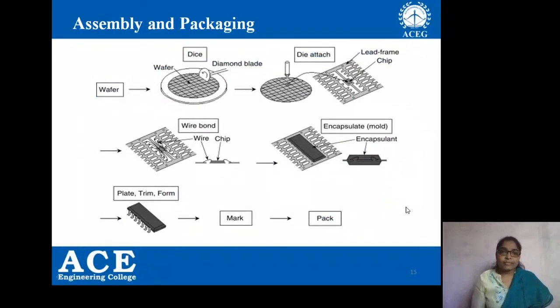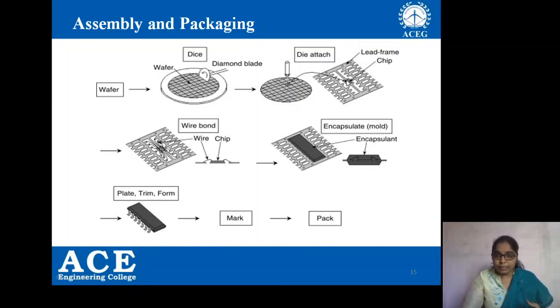Next, coming to the assembly and packaging stage. In this, all the tested dies will be cut with diamond blades, and after cutting, each die will be placed in a lead frame, and that lead frame is again closed with a plastic or ceramic case, and that is called encapsulating.